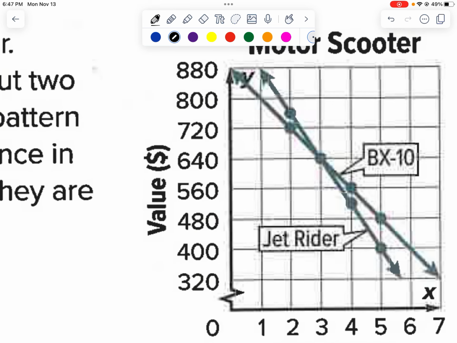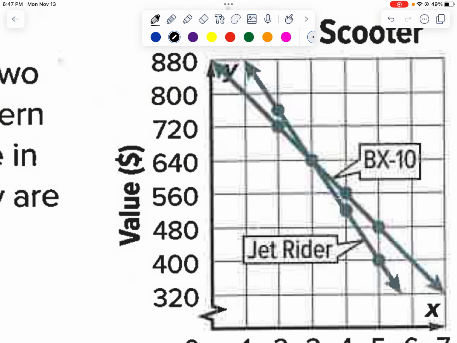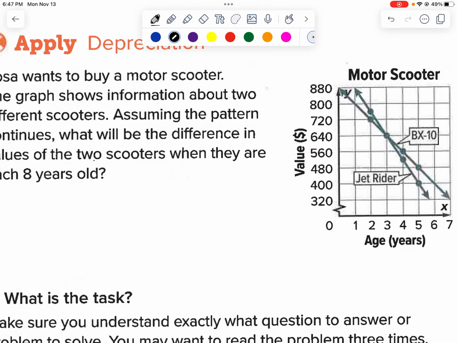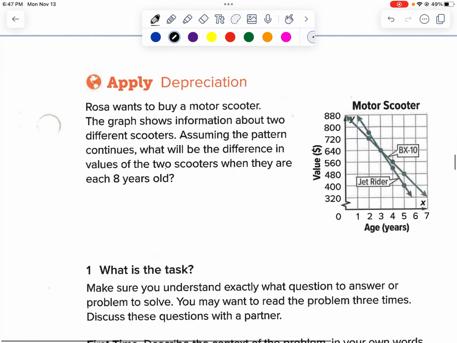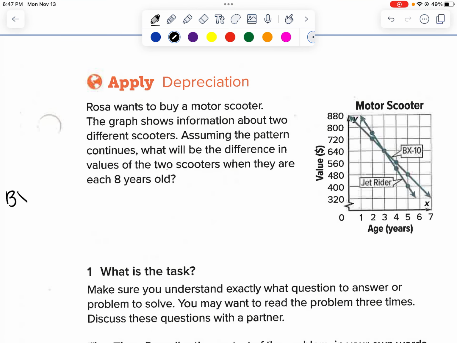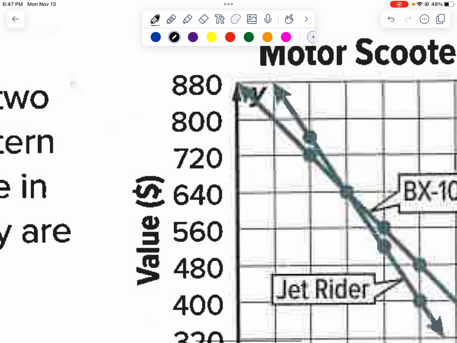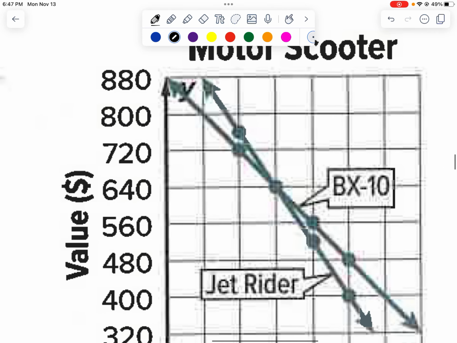Okay, so we're going to find, okay, so BX10. We're going to start with this one right here. So we're going to find the slope for it.